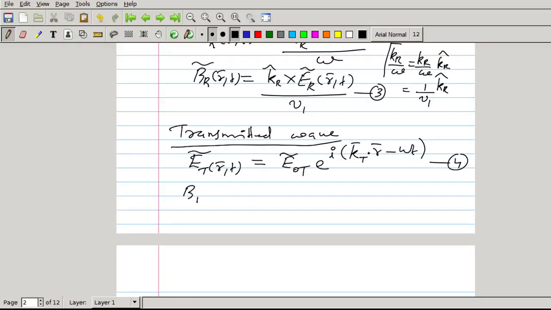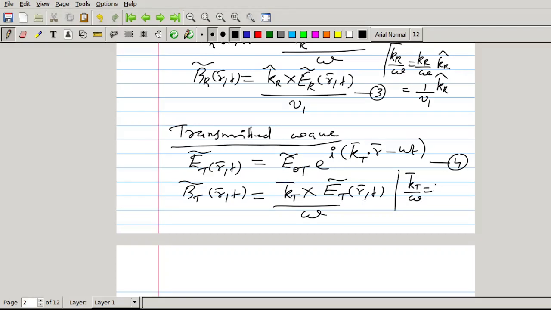Now B transmitted (r,t) equals k transmitted cross E transmitted (r,t) by omega. So k transmitted by omega, we can write as the k transmitted magnitude into the unit vector along that direction by omega. What is k_t by omega?